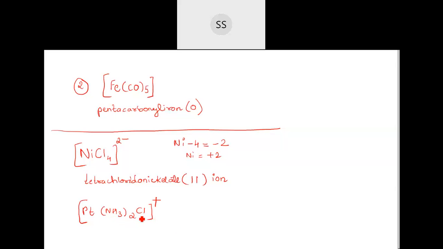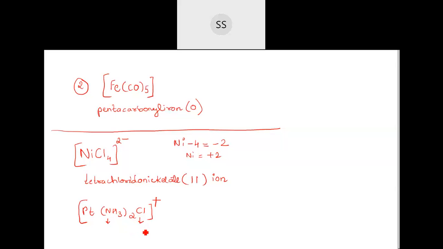Between these two ligands, you have to find out which comes alphabetically first. So NH3 is for amine and then Cl is for chlorido. So tell me which one will come first.